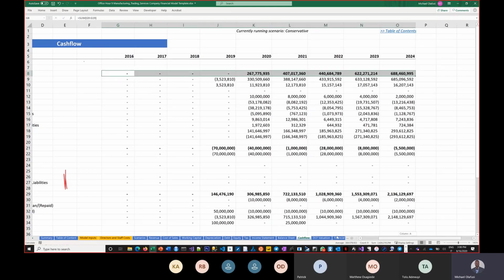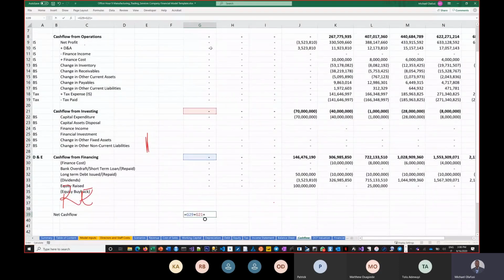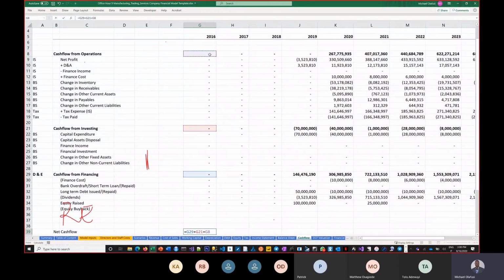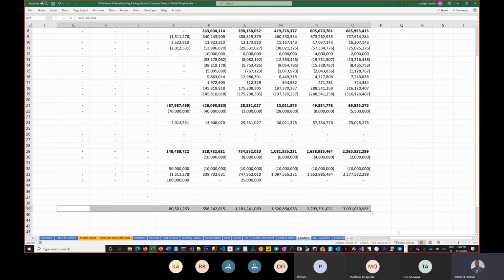Then the net cash flow is going to be equal to the summation of all of those three. It's going to be equal to this plus this plus this, and we drag all the way to the right.